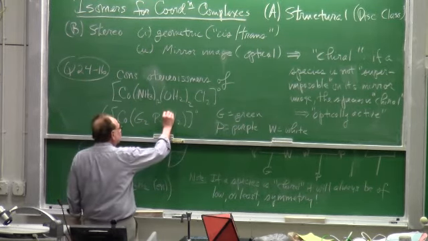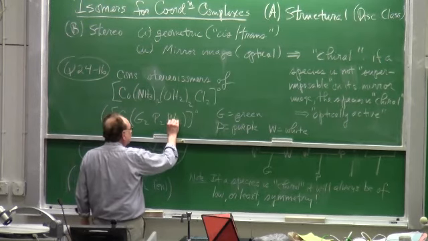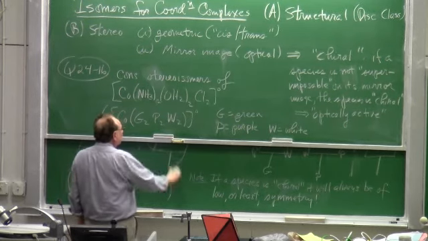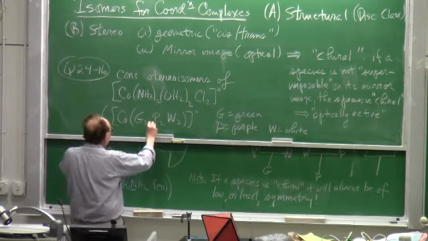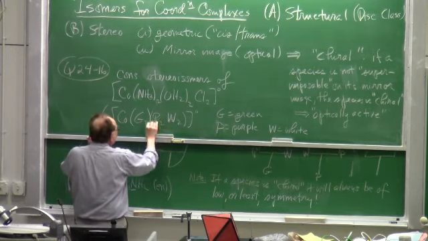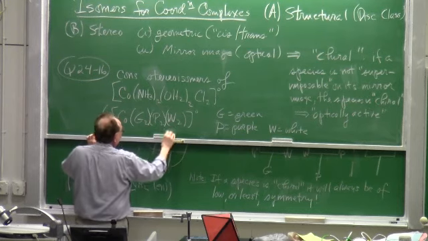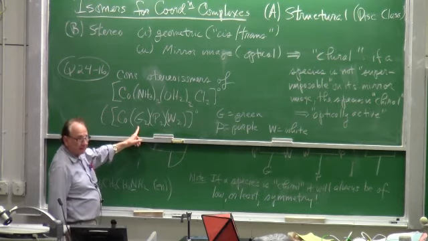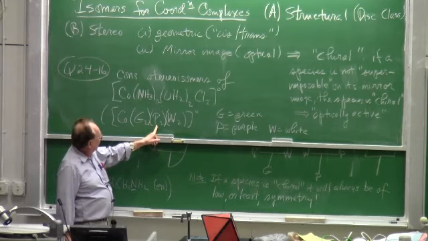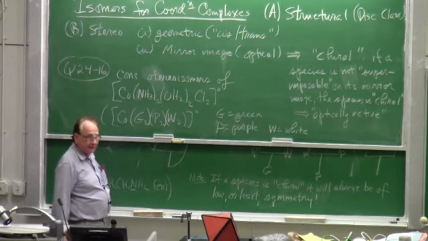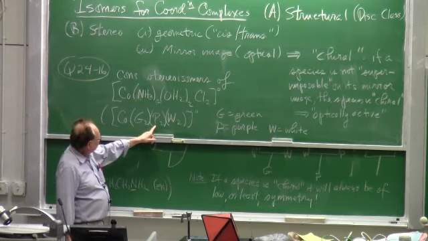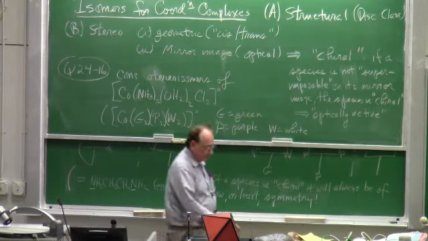Now with models, I'm going to change ammonia to green. Waters are purple. Chloride ions are light. Who cares? 2 G's, 2 B's, 2 W's.